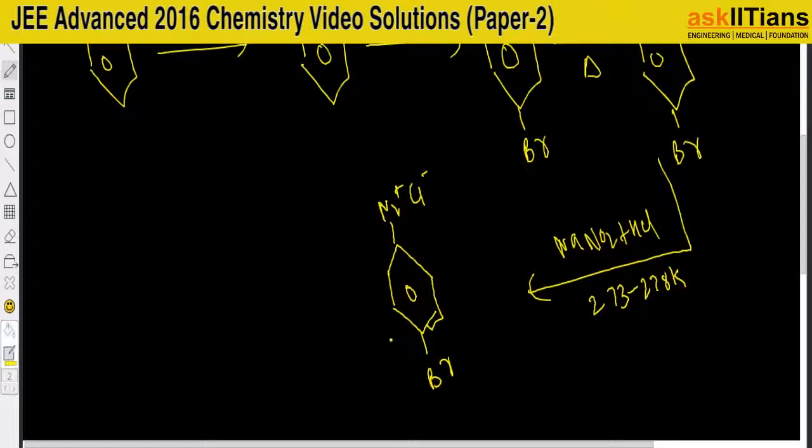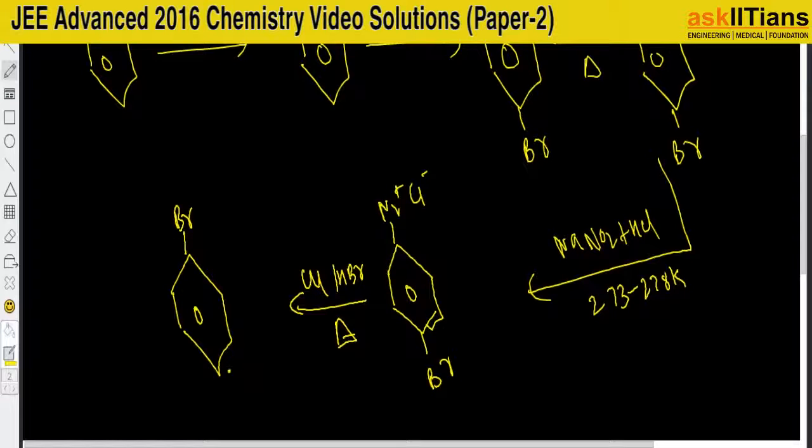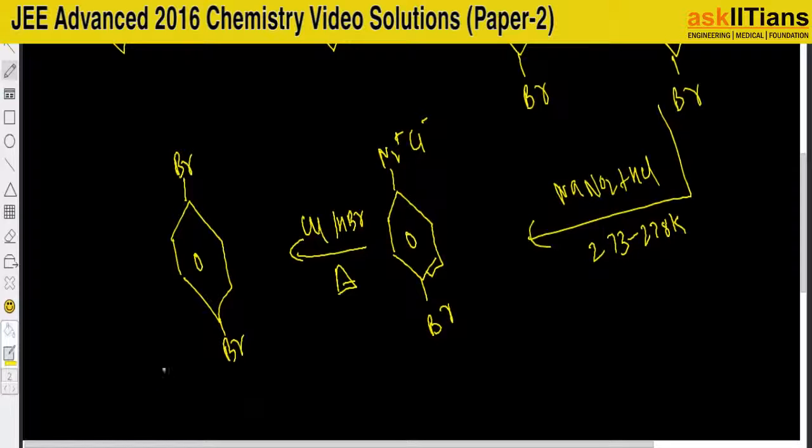Then the last step is your CuBr. So it's simple, the bromination step, and that will be happening on the diazonium salt. So it's your Br, so I'll get this product right at the end.